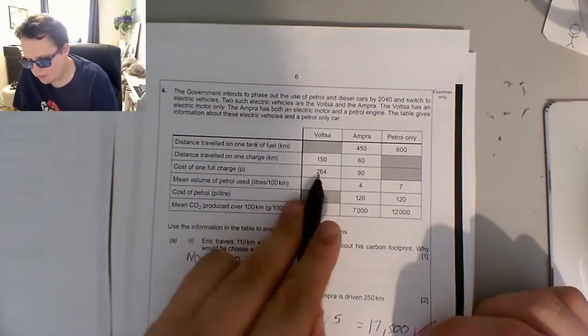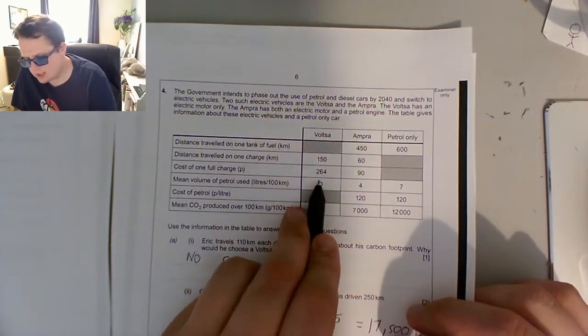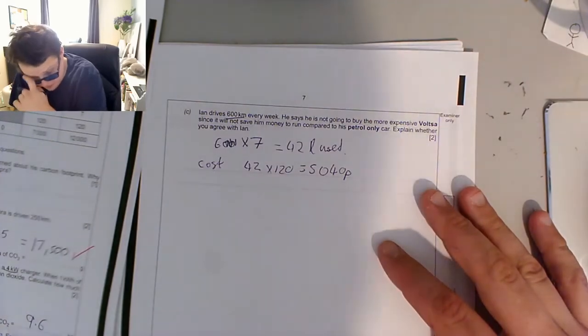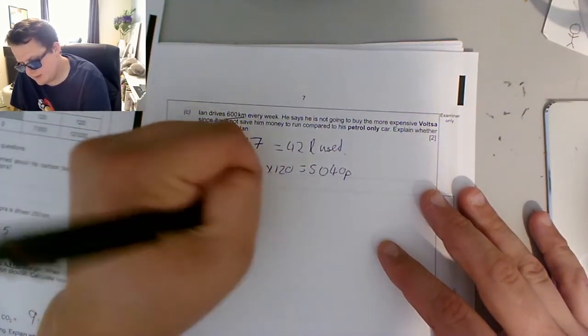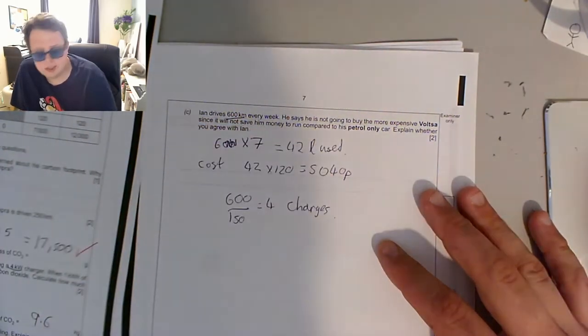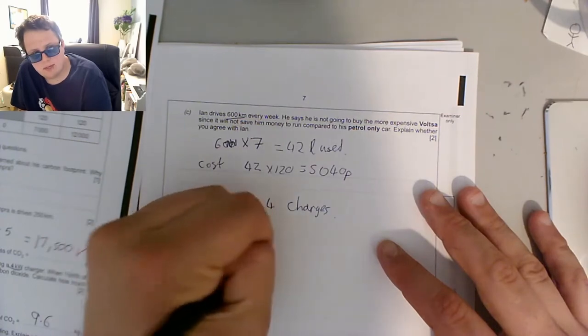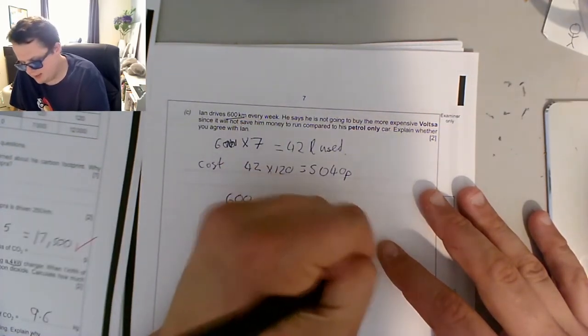The cost of one full charge: it does 150 kilometers on 1 charge and 264 pence per charge. So, to do 600 kilometers, we're going to need 4 charges. So 4 times 264 is 1056 pence.